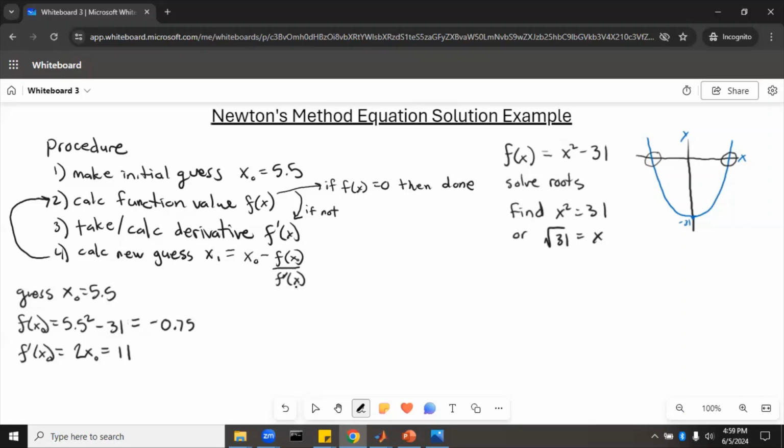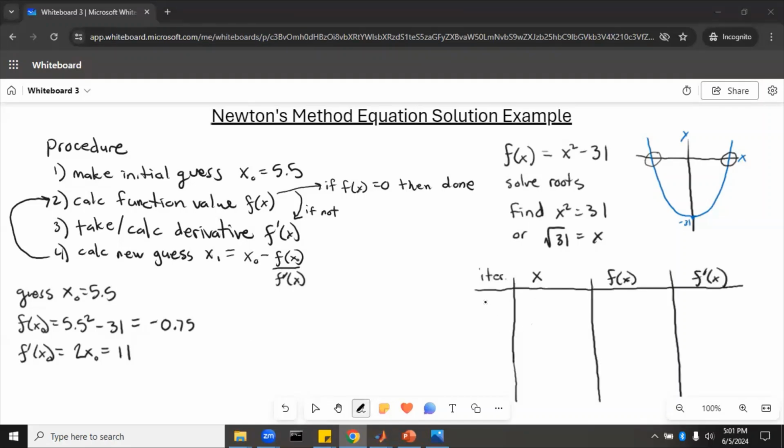Now we can set up a table that has our guess, our function value, and our derivative value, and we'll keep going through that until the guess stops changing and f is basically 0. At that point, we know we found the answer. We're close enough. So let's set up a table.